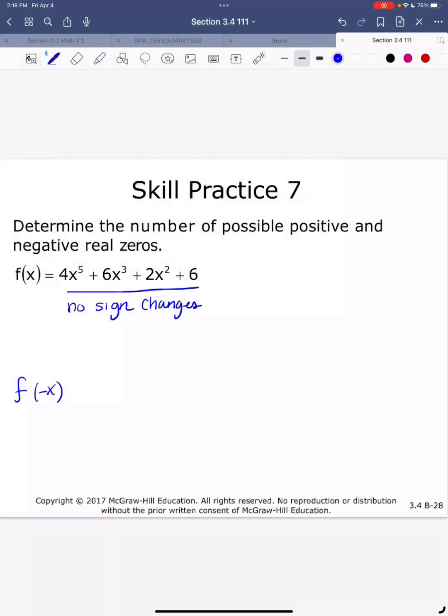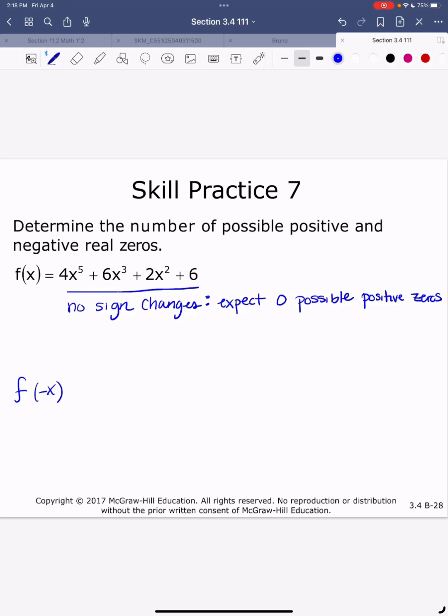Therefore, because I have no sign changes, I would expect 0 possible positive roots, or we could say 0. So no positive zeros. But let's look at f of negative x.